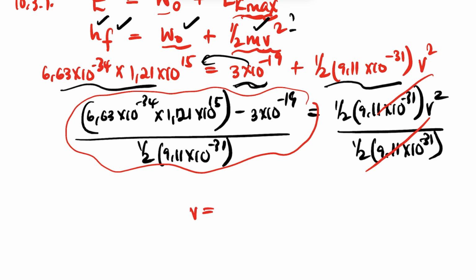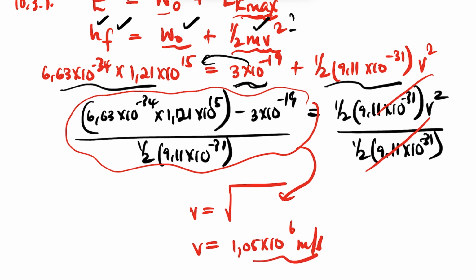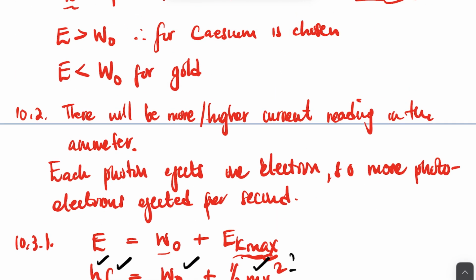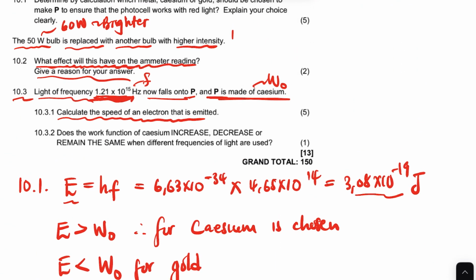V is equal to this. So your answer, when you put that in the square root, is 1.05 times 10 to the power 6 meters per second. This is the speed of the electrons that are emitted on metal P.